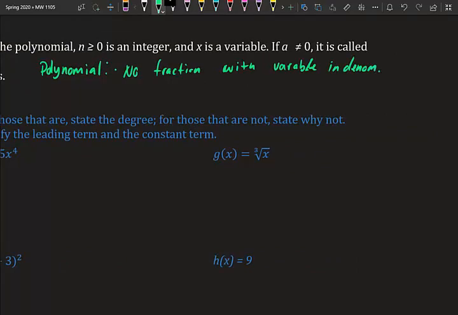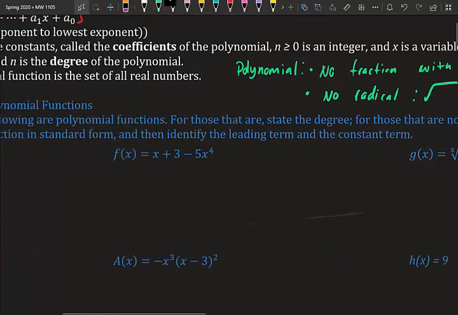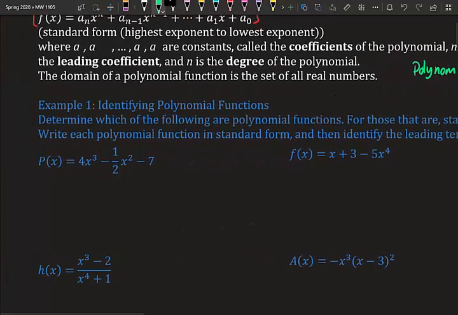It's also a polynomial if there's no radical. A radical is this little thing. So if we look at this, we do have a fraction, but the variable is on the side. So this is a polynomial.